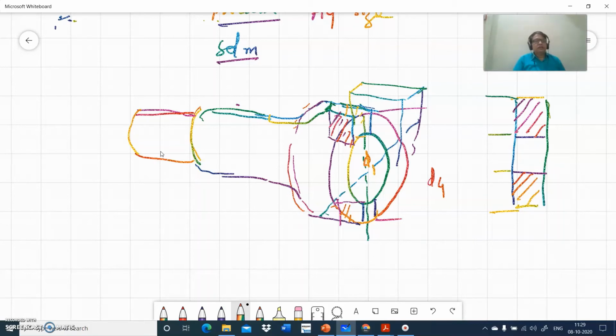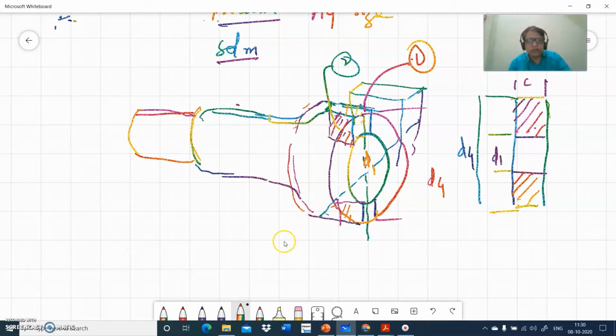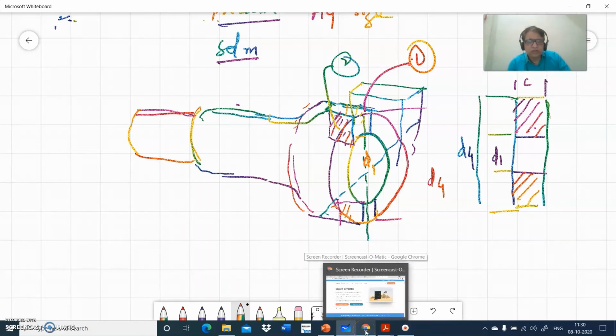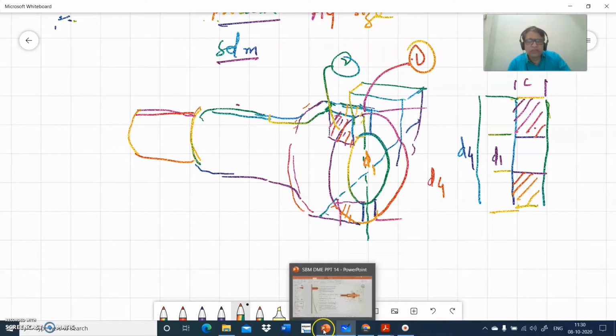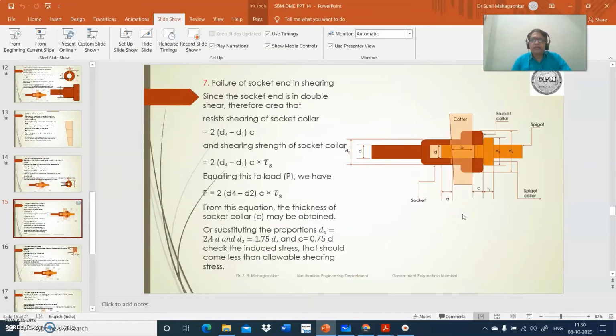This is D4 and this is D1, into this length, which is C. So this is a double: one is this, the second area is this. That's why you are going to get twice of D4 minus D1 into C.